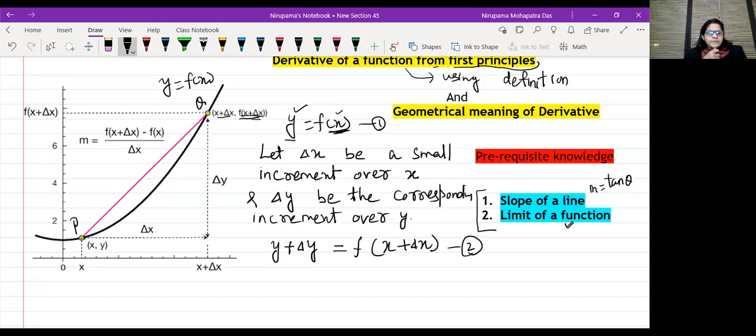If you see the slope of the line, you can have y2 minus y1 by x2 minus x1, which means difference of ordinates. Since y equal to f(x), it is f of x plus delta x minus f(x), and difference of abscissas is x plus delta x minus x. You are getting this. So this is basically how the slope is taken.